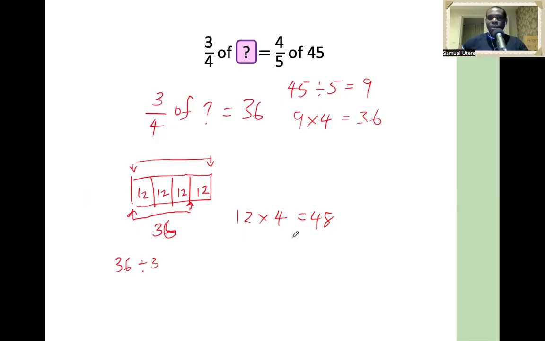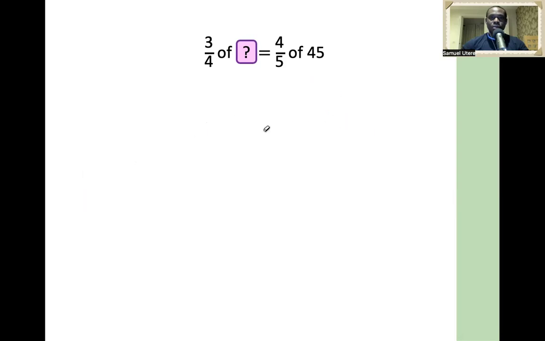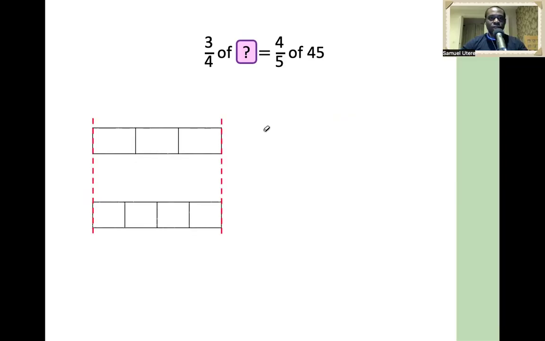So now I'm going to show you the actual bar model representation of exactly what I've shown you here. But it's the same thing, okay? So there are different ways to solve this problem, but I think you should know about this. So that's the representation, yeah?